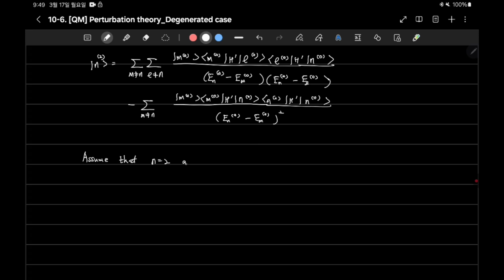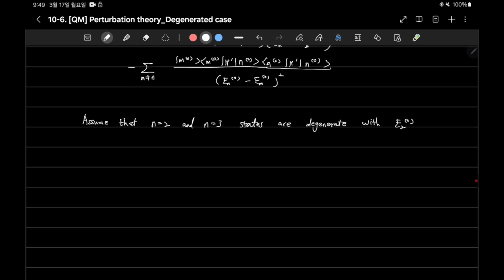So to consider this, let's assume that the n equal 2 and n equal 3 states are degenerate, with the same energy, E20.